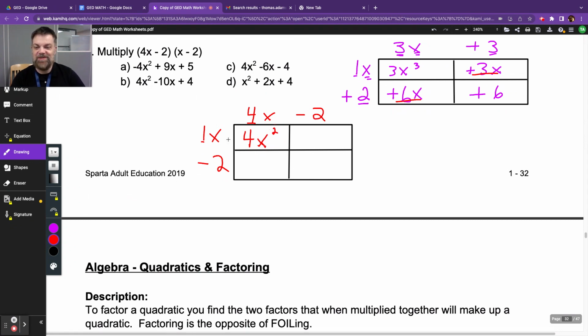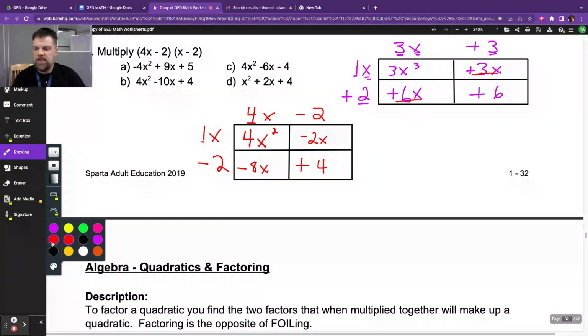Okay, what's negative 2 times 1x? Negative 2x. Okay, what do you think 4x times negative 2 is? Negative 8x. Very good. Now, what is negative 2 times negative 2? Positive what? 4.